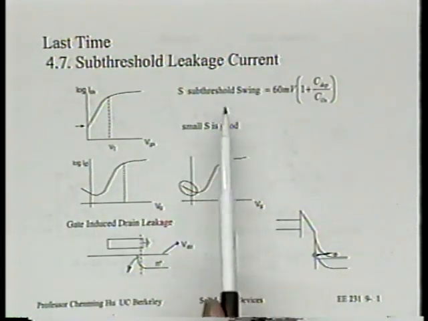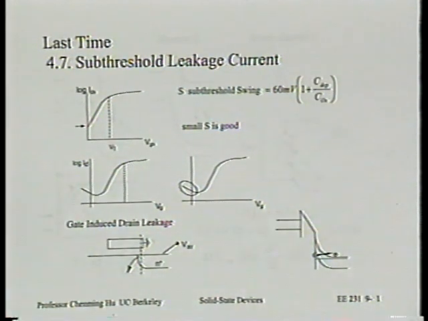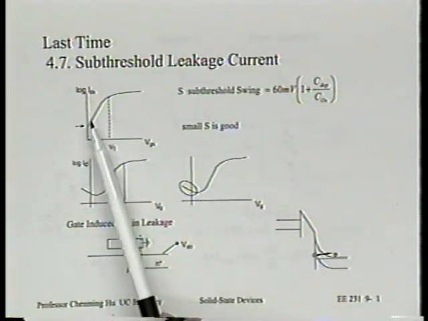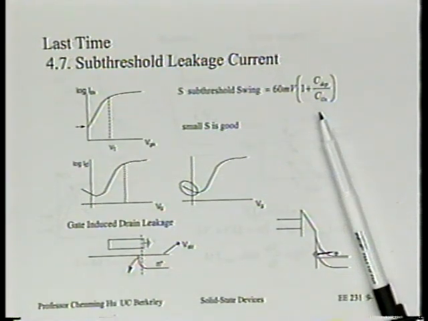Swing is defined as the number of millivolts per decade of change. But it can be related to the design of the device in this simple model. It's 60 millivolt times 1 plus C depletion over C oxide.